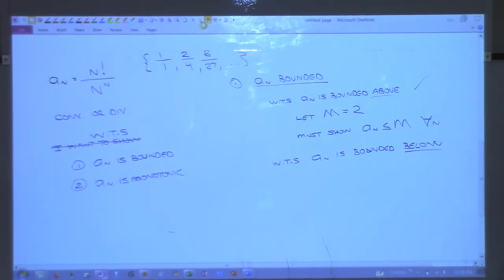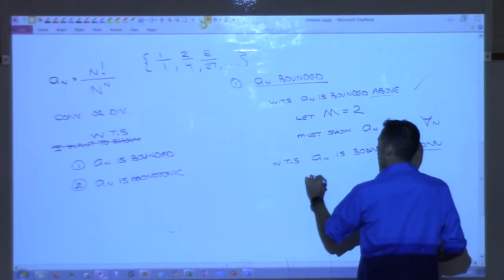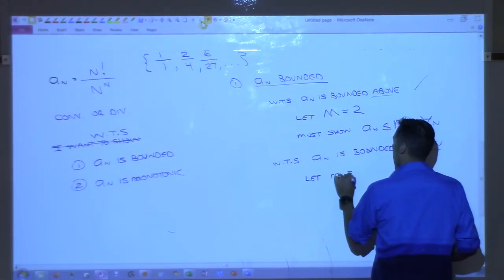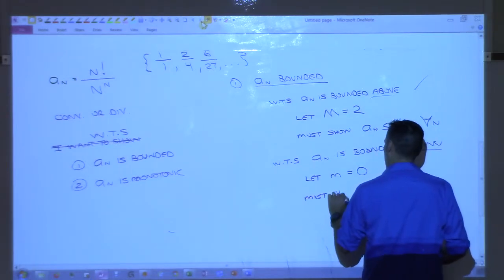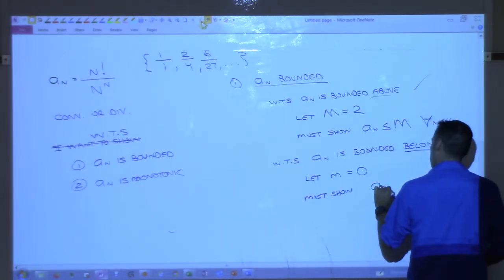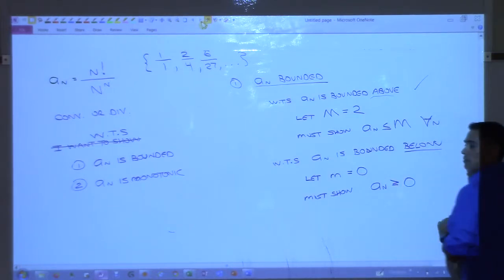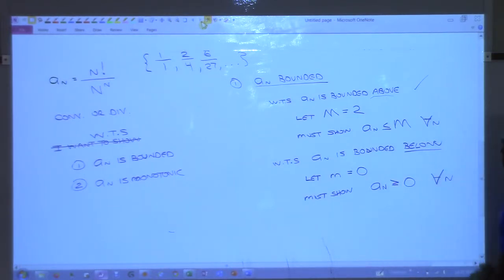What's a good candidate? -1 would work. -2 would work. 0 would work too. And 0 is usually really nice to work with whenever you have an inequality or an equation. So I'm going to say let little m be equal to 0. Must show a sub n is bigger than or equal to 0 for all little n's.